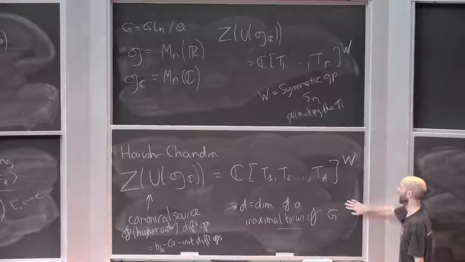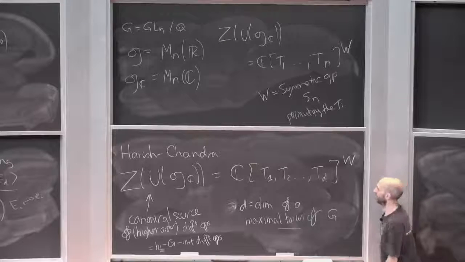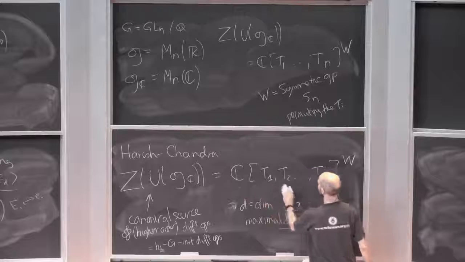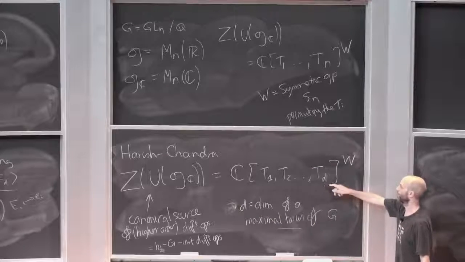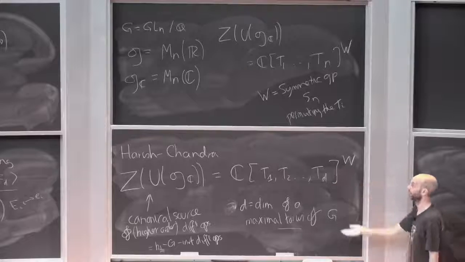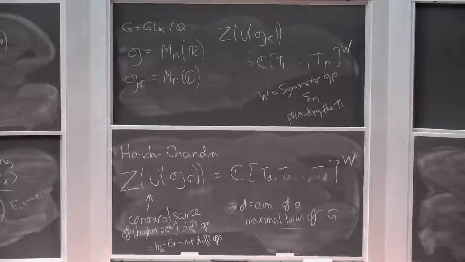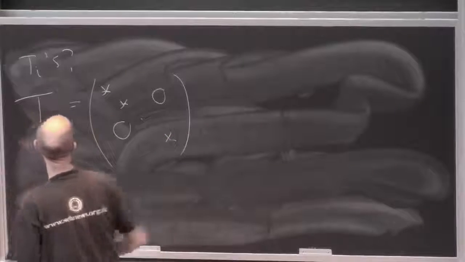Now we want to talk about what's happening here. And what's happening here is that this is the universal enveloping algebra of a Cartan subalgebra, which in my case is a fancy way of saying, so these Ti's, what are these Ti's? There's some torus T. What example am I doing? I'm doing GLN over Q, right?